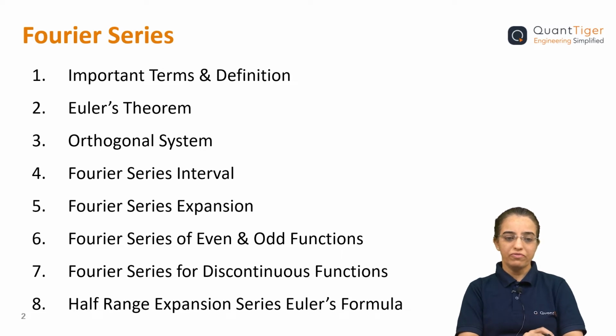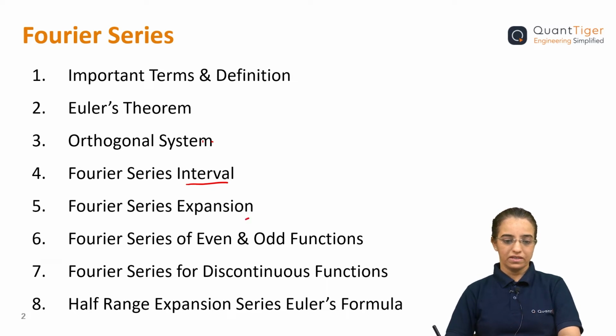So first of all we will be learning different terms and definitions, then Euler's theorem, orthogonal system, then Fourier series interval. Interval means there are different types of interval we will be learning, within which we have to find or simplify the Fourier series, then how to do the Fourier series expansion.